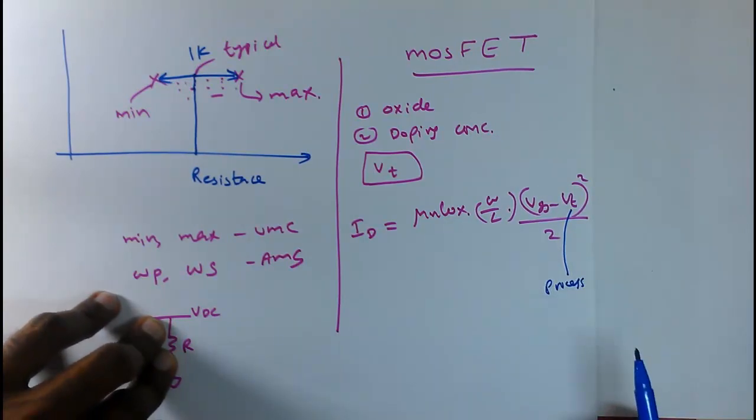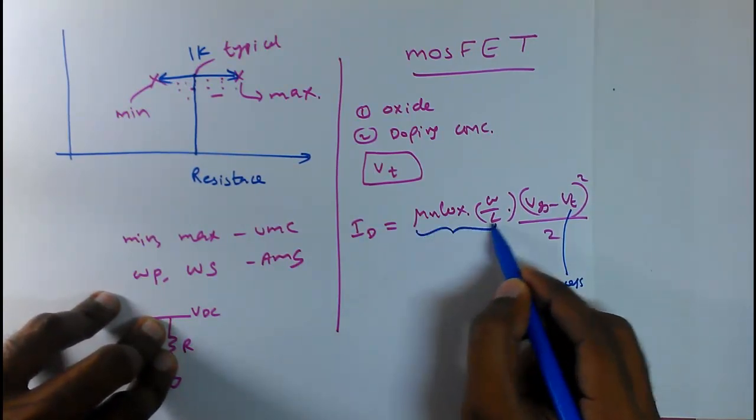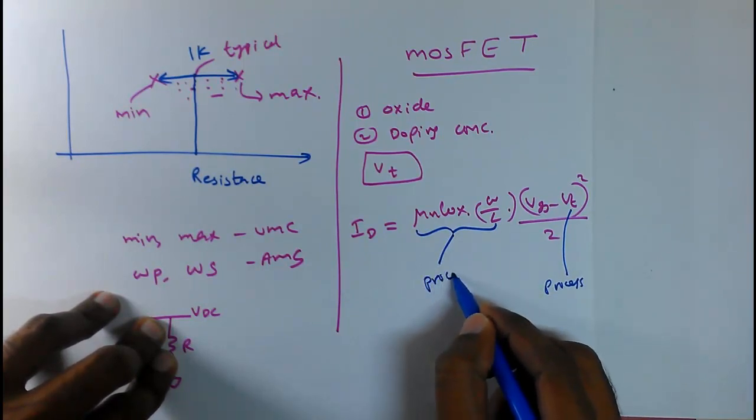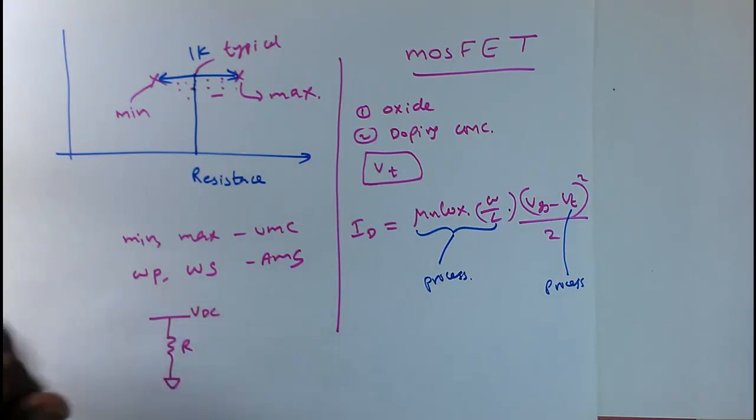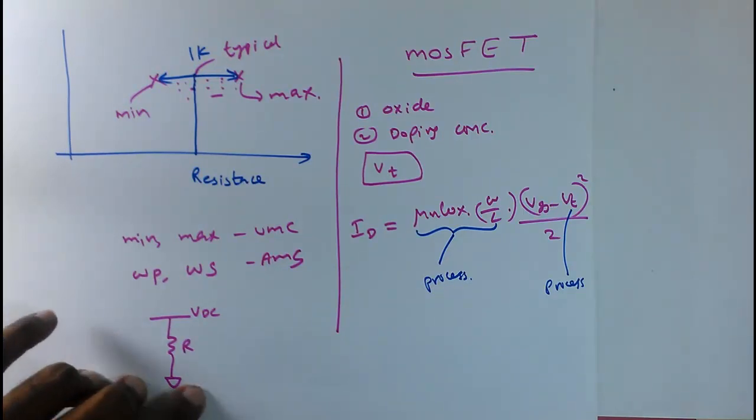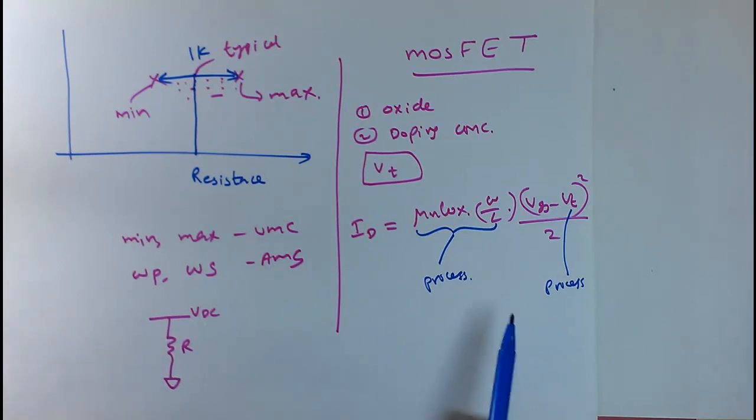So VT will vary with process, and this term also will vary with process. So when you design a circuit, you should make sure that your circuit is tolerant to process variation. Because of this variation in VT and other parameters, the current through the MOSFET will vary according to the process.